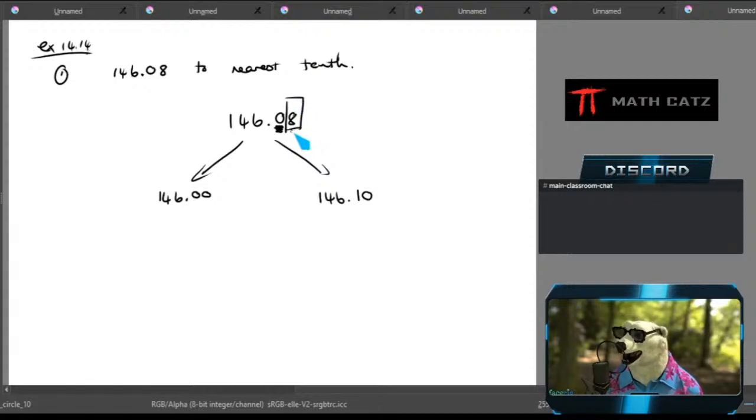Because it's an 8, I have only a 2 gap to the top one, the top option. But I have an 8 gap to the bottom option. So I'm closest to the top one, and that's going to be my rounded answer, we say. That's going to be the one of the two that is closest to my actual number because the gap is the smallest.